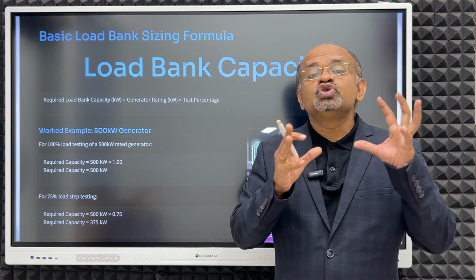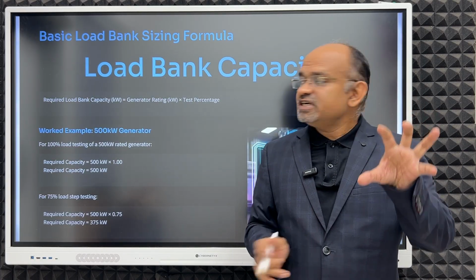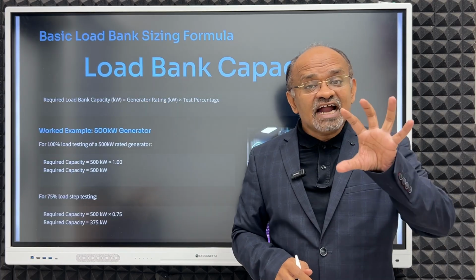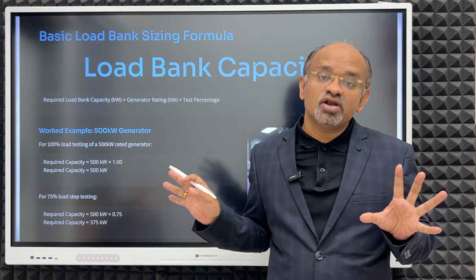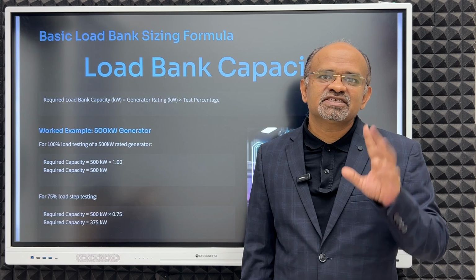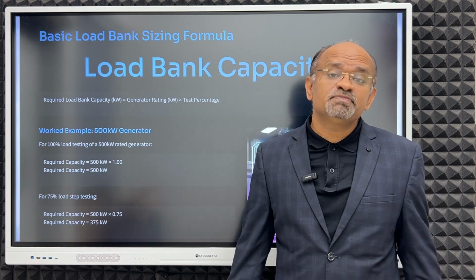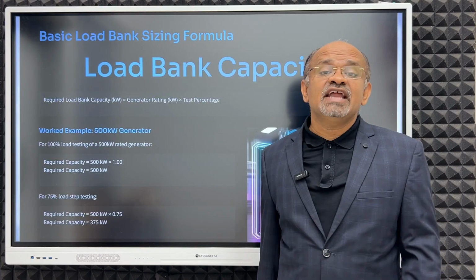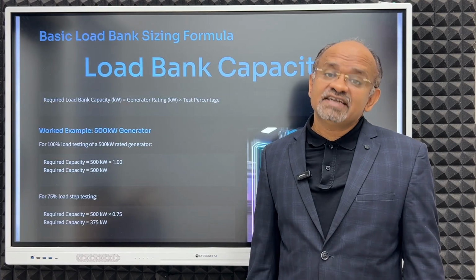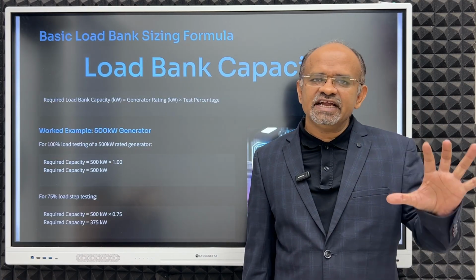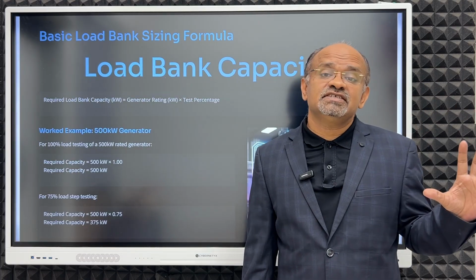For 25%, multiply by the kilowatt. That much load bank should be switched on in the first step, 25%, then 50%, 75%. You should have this test percentage and calculation handy during load bank testing, because each generator set has different capacities.